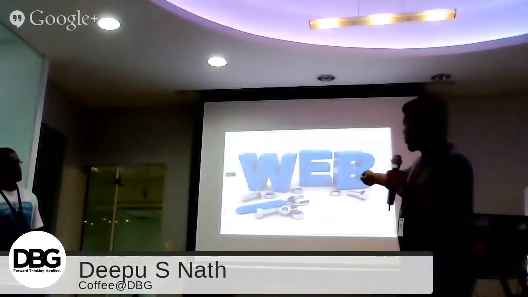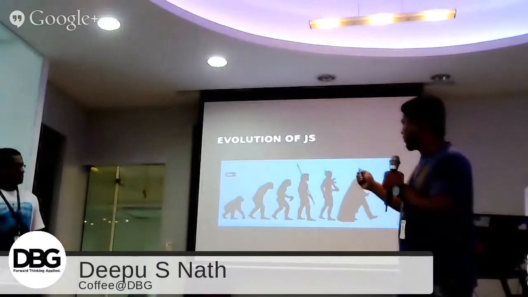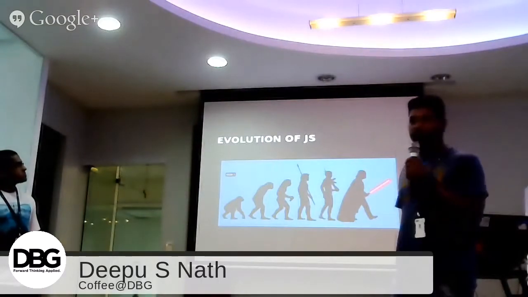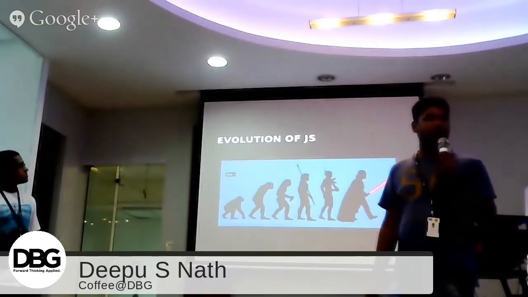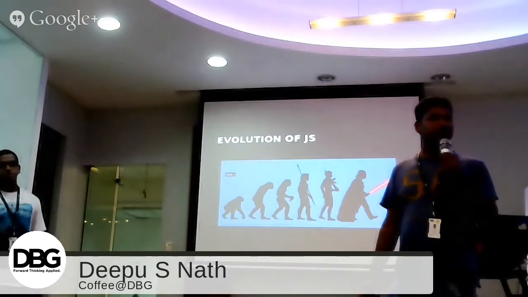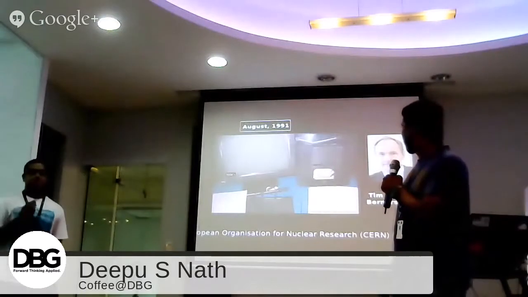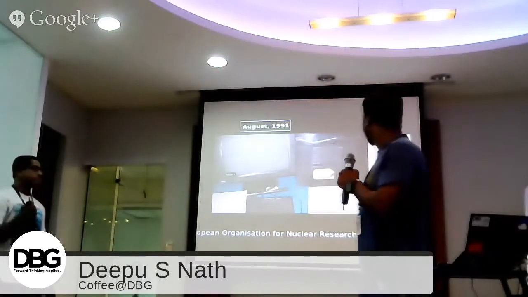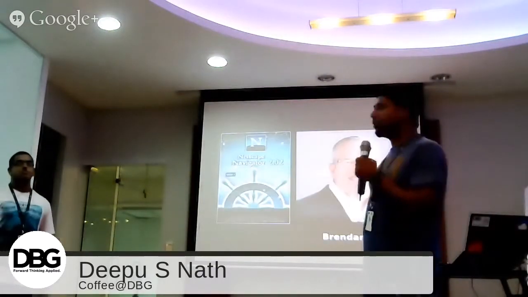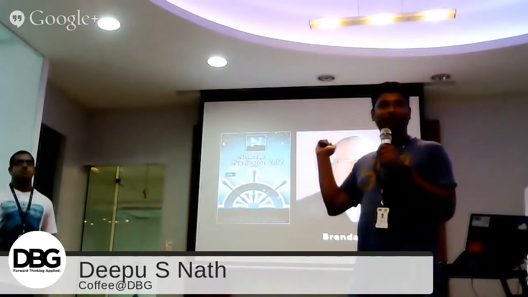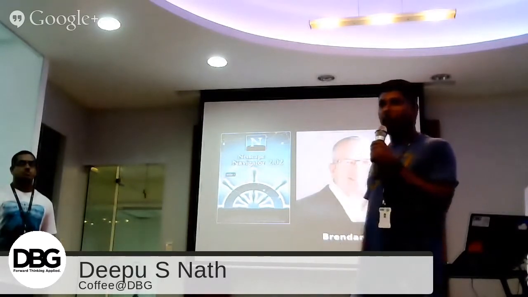Then another thing we talked about is that it is not just serving the web. Then we went to the evolution of JS. Who is the father of the internet? Tim Berners-Lee, who created the first ever web. Then who is the father of JavaScript, or Mocha?